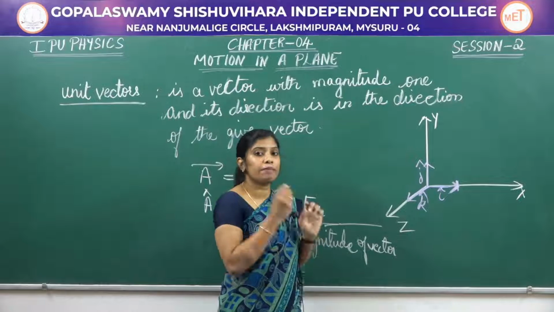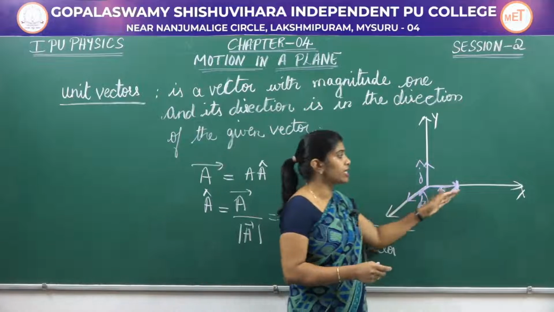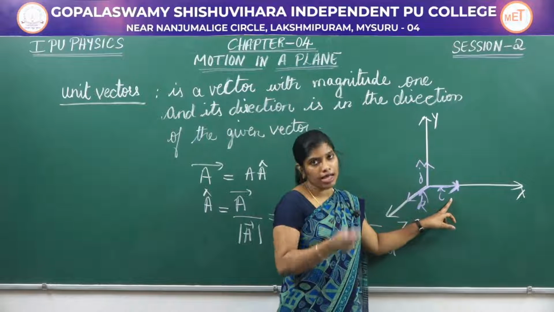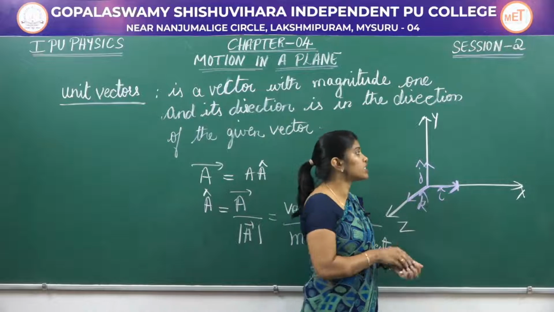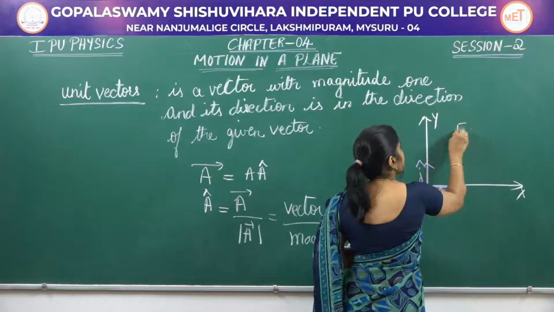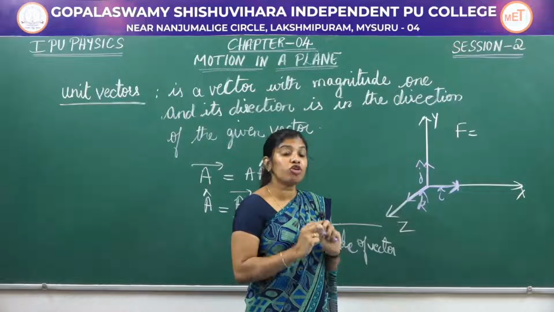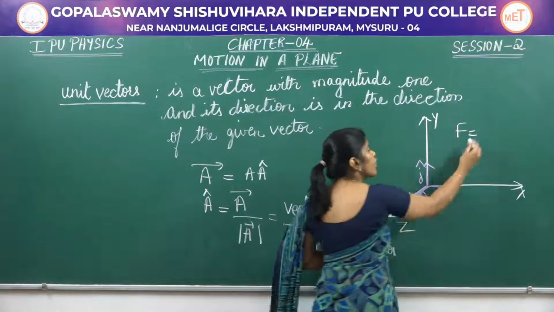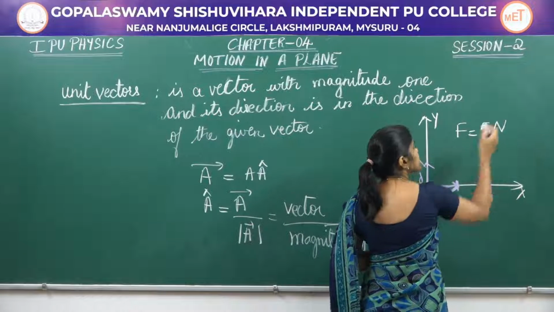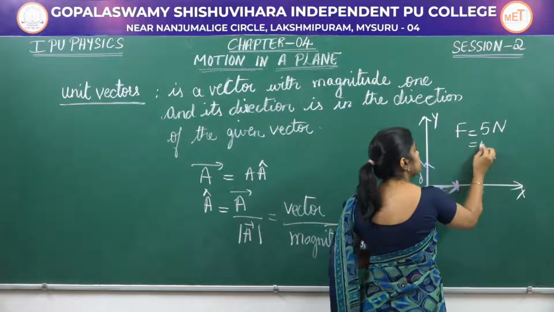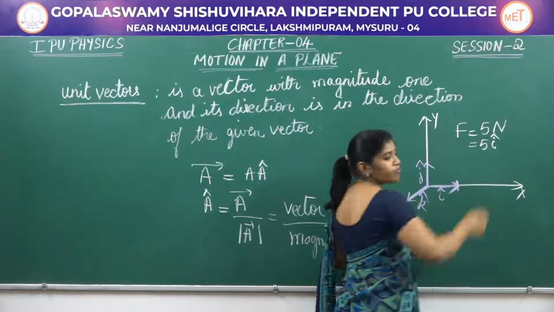If I want to represent a vector which is acting along the x-axis, then I am going to use the unit vector i cap. Say the force is acting along x-axis and the magnitude of force is 5 Newton. 5 Newton of force is acting along x-axis. Then I am going to write this as 5 i cap.